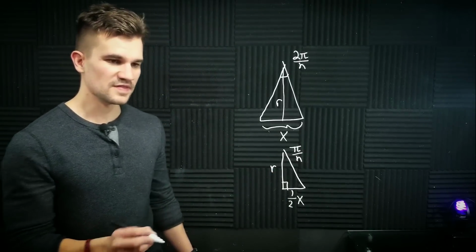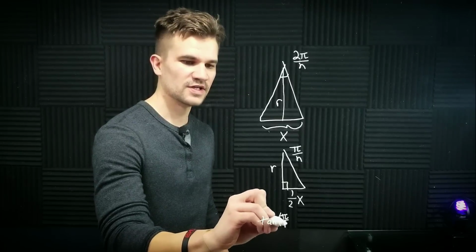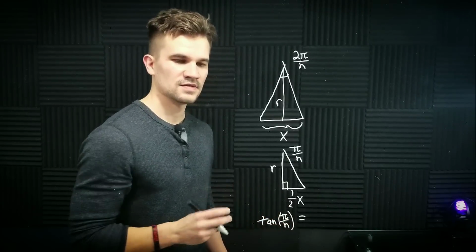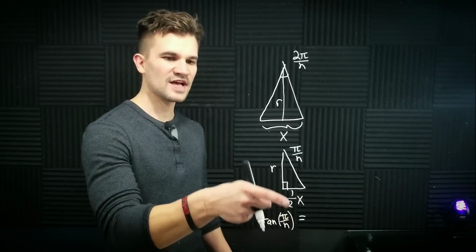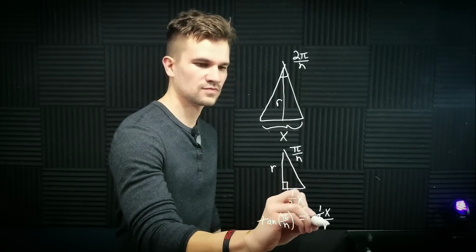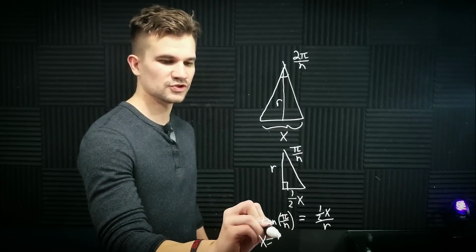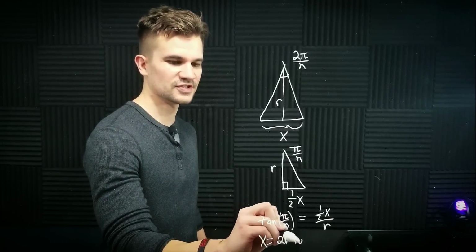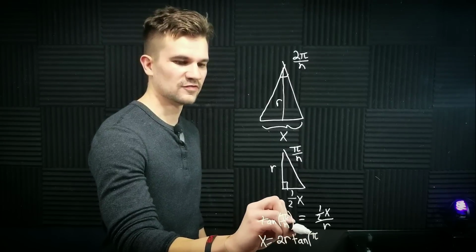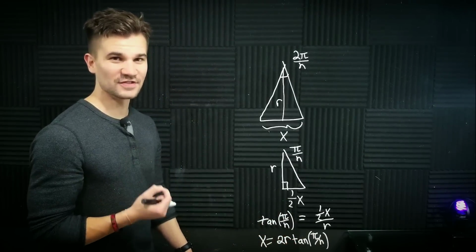Then we know that the tangent of pi over n is equal to 1/2 x over r. And so x equals 2r times the tangent of pi over n.